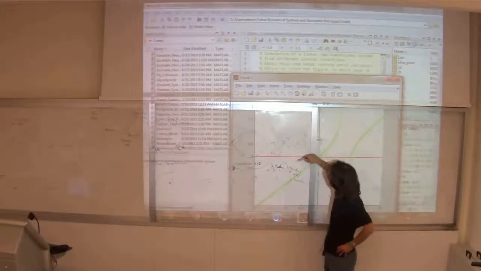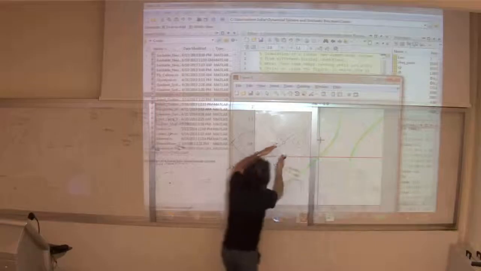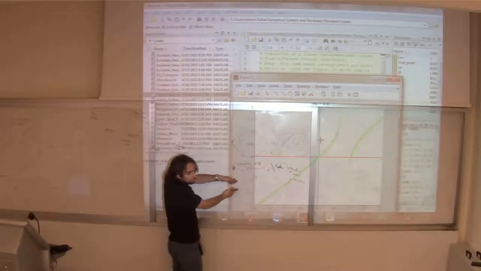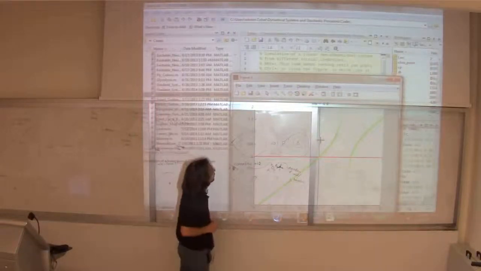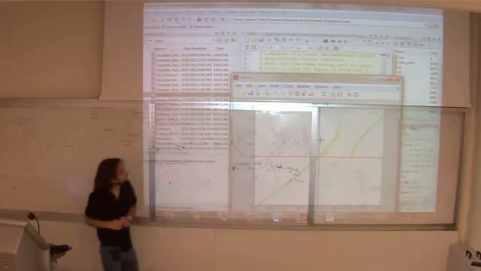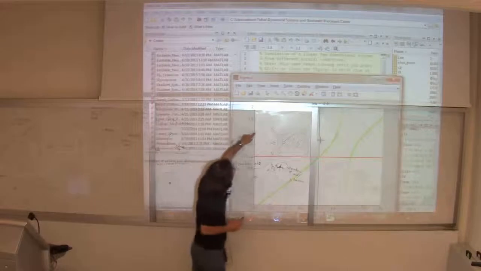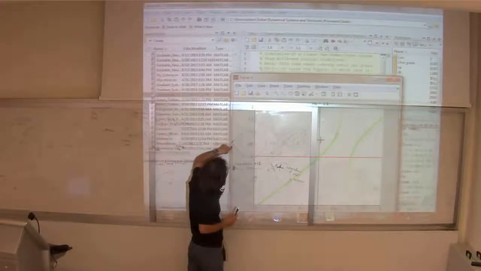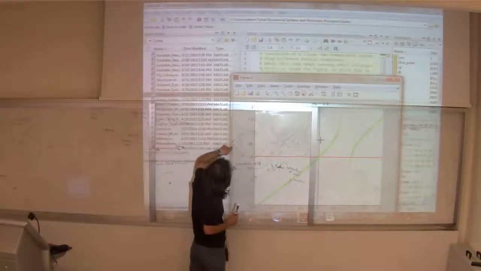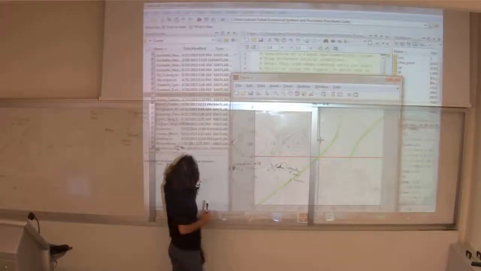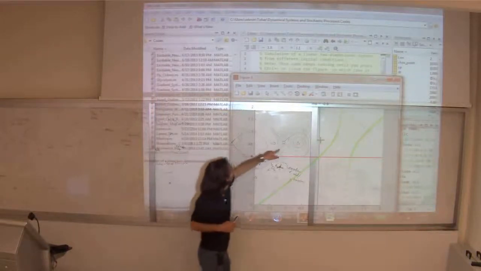And basically everything goes to infinity from here. So there's no limit cycle. There was a limit cycle here at the bifurcation point. There was this trajectory, and then there was this.